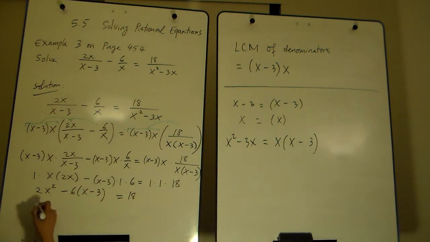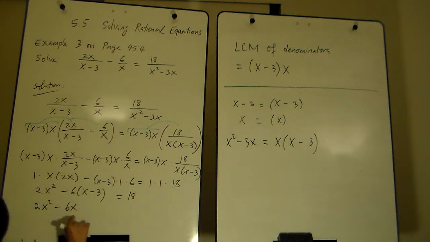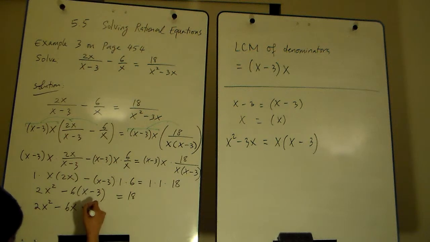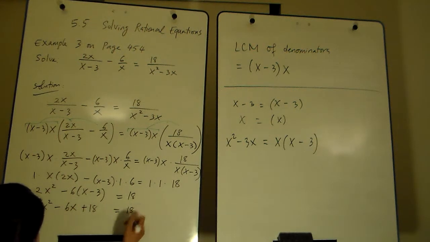Let's remove this parenthesis: 2x squared minus 6x. You distribute this negative 6 to this. So negative 6 times x is negative 6x. Negative 6 times negative 3 is positive 18, equal to 18.